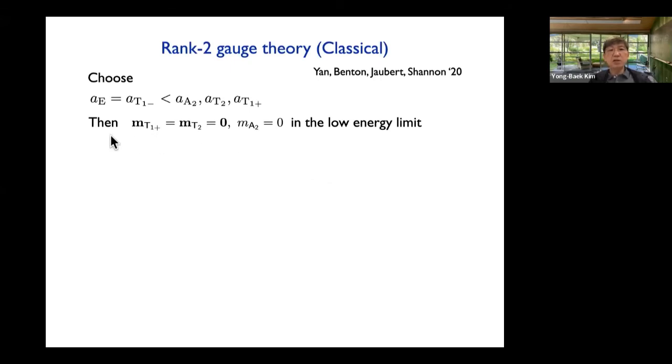But then another thing you can do is you can go to some rather special limit. Imagine that the E mode and T1 minus mode are degenerate, but all other modes are at higher energy. So in this low energy manifold, we can set all other modes to be 0 essentially, so that we only keep the E mode and T1 minus mode.